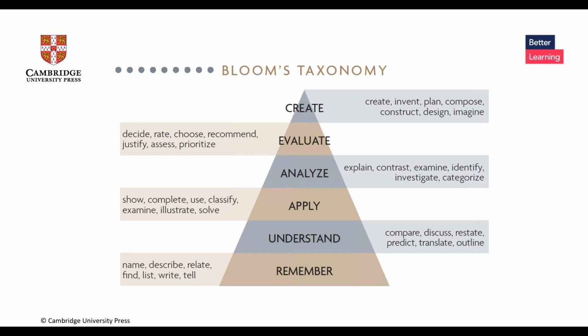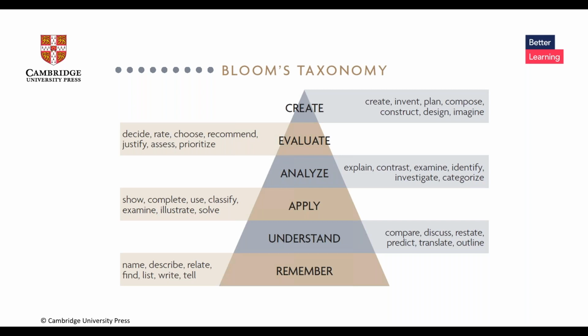So that would be explain, contrast, examine, identify, investigate, categorize. Or with evaluate, a word which some of your learners may not be familiar with, but they will be much more familiar with things like decide between these two things, rate these five things in order, justify why you should do X rather than Y. So when we give those classroom tasks and use those classroom verbs, we are then linking it back to critical thinking skills.